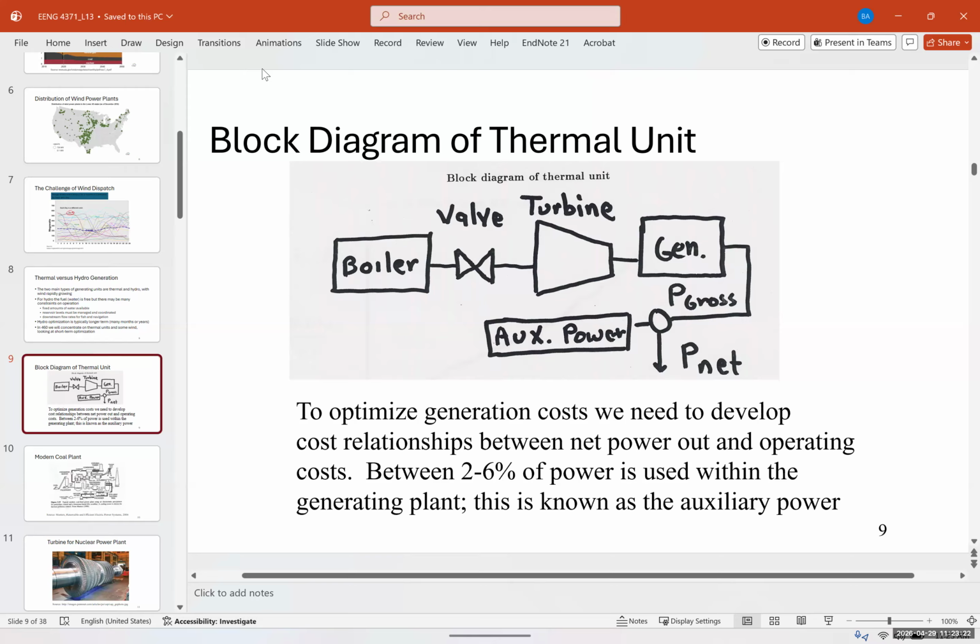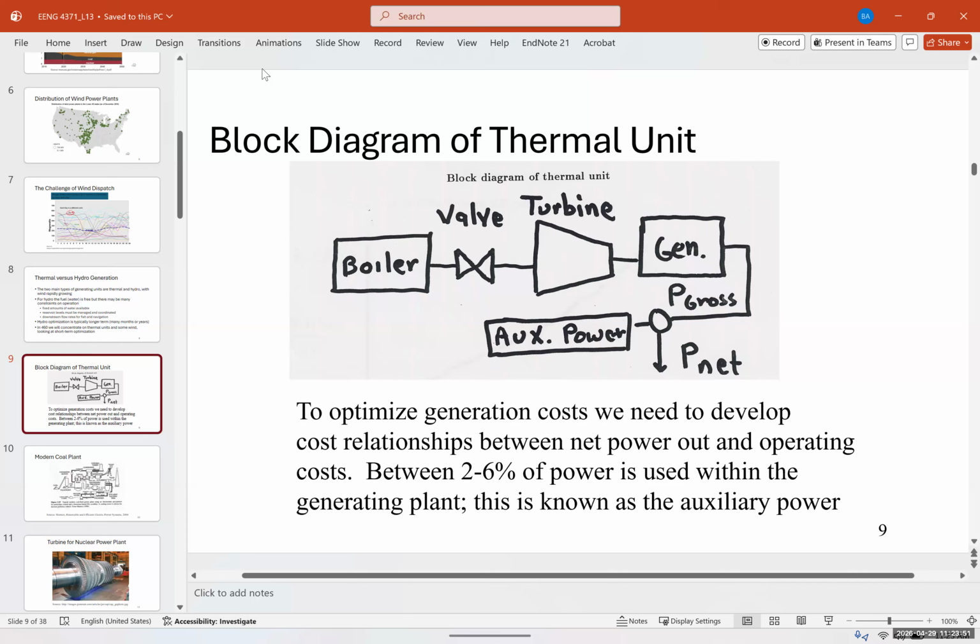Now, an important concept here is auxiliary power. Not all the electricity generated in the plant can be sent to the grid. Some of it, typically around 2 to 6% of what we call the gross output, is used within the plant itself, to power pumps, fans, control systems, lights, anything that is powering the plant itself.